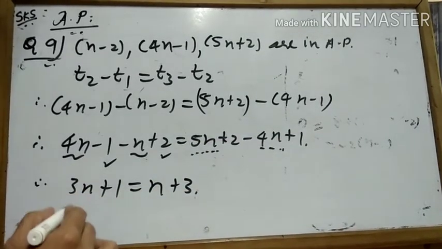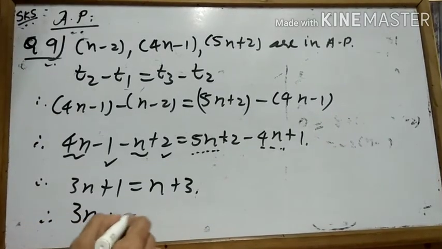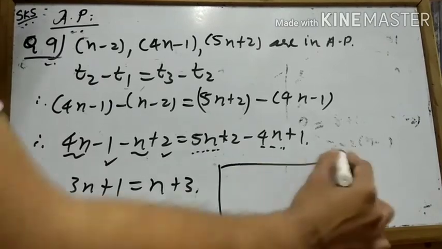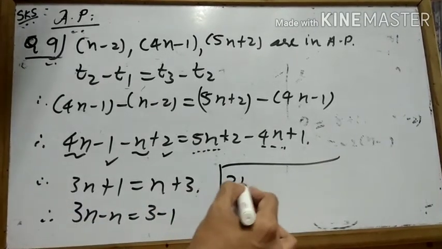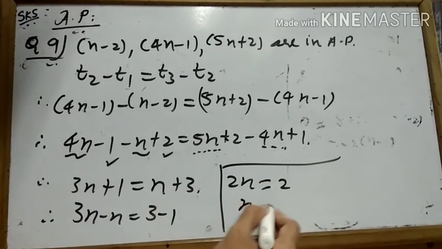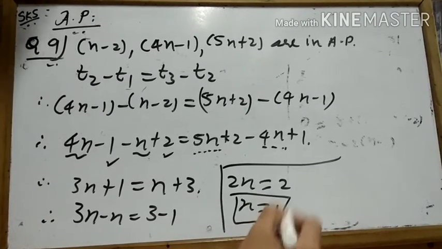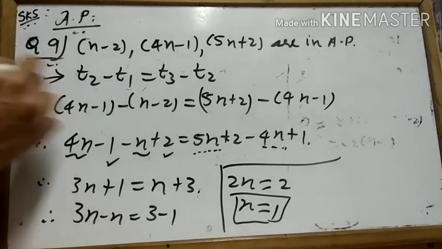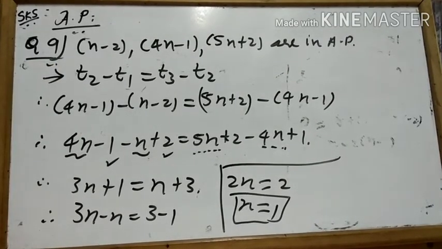I'm bringing this n over here. 3n minus n is equal to 3 minus 1. Hence 3n minus n is 2n is equal to 2. So n is equal to 1. So once you get n, if they have asked any further question, you can find it out. But the important result is this: the difference between consecutive terms remains constant.